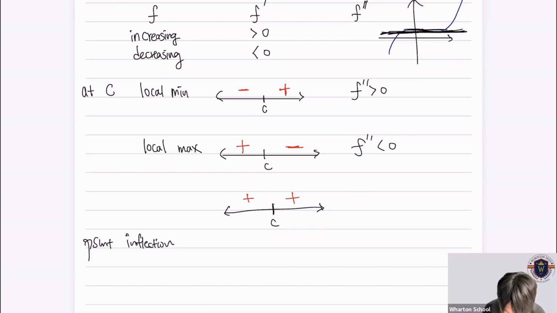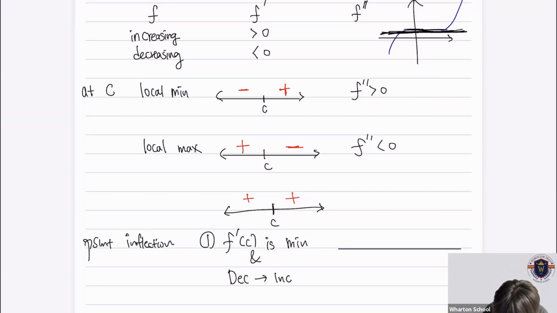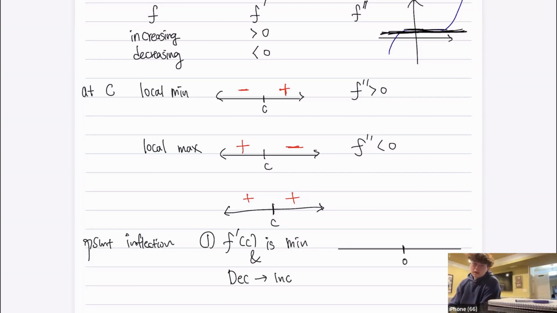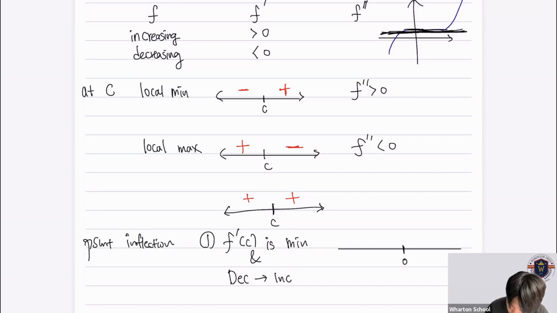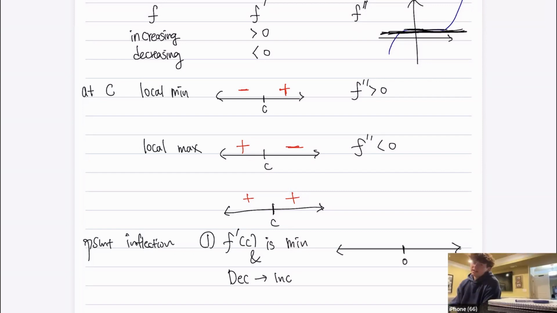Points of inflection are when f double prime is equal to 0. Yes, equal to zero. And this determines whether it's concave up or concave down, right? And so we have two cases. One, f prime of c is a minimum, and it's going from decreasing to increasing. In that case, this is a point of inflection, right? And then which side would be positive and negative if it's going from decreasing to increasing?